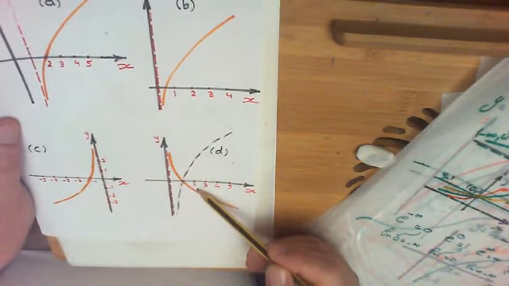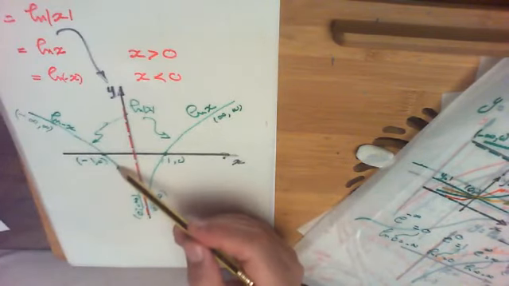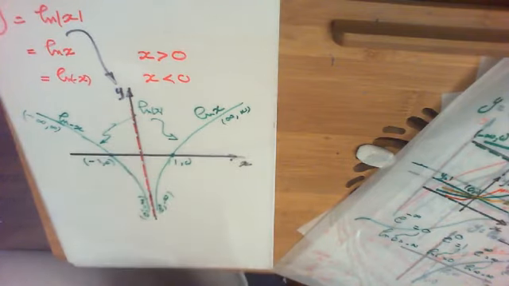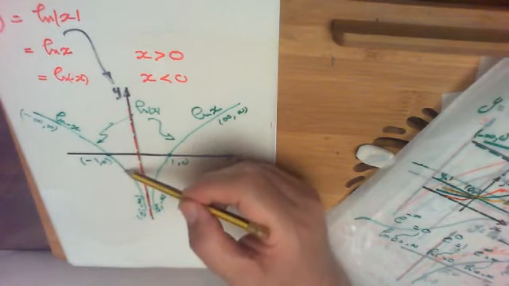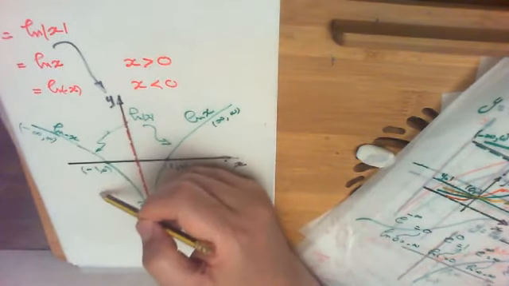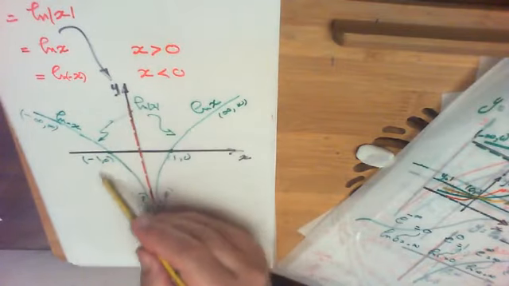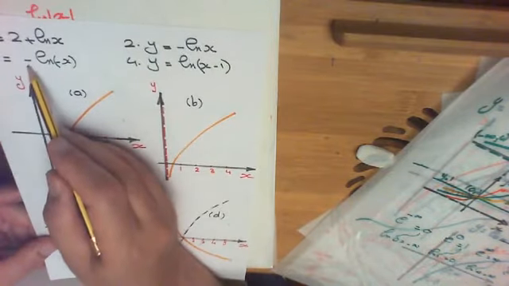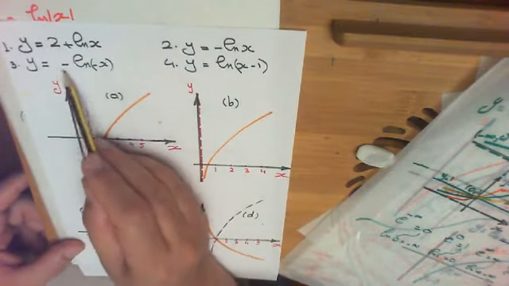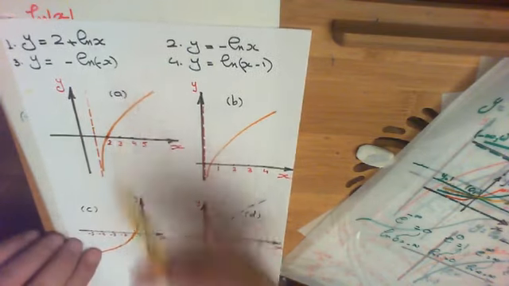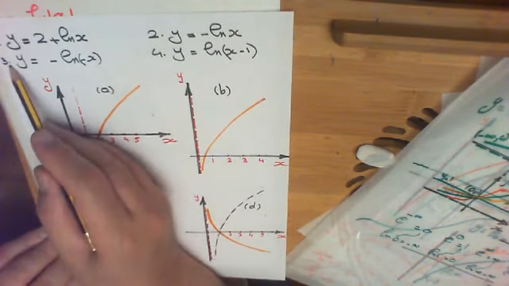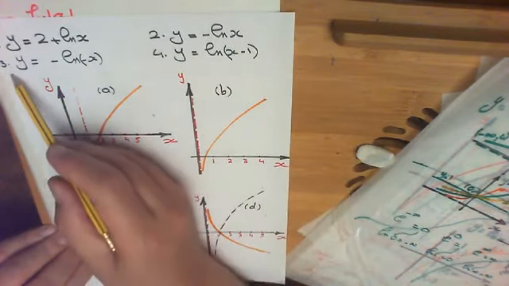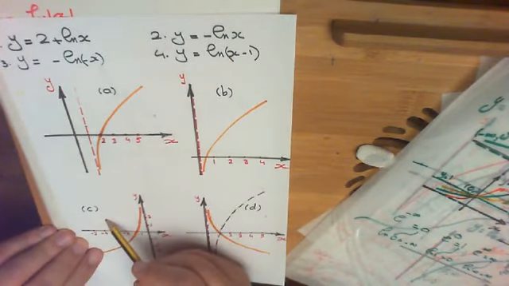This is negative ln. Okay. When I ask you to obtain this function multiplied by minus, this will be upward and this will be downward. So it will be something like this. Which is this? Oh, I have actually here y equals minus ln minus x. So C matches 3. So now 2 matches D and 3 matches C.